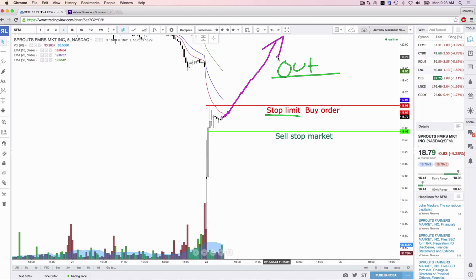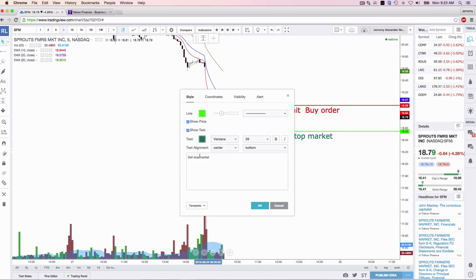So when I'm trying to get out of a trade, if I am wrong, or if the trade is no longer moving in the direction that I intend, I do a stop market order. I do stop limit orders to get into a trade.